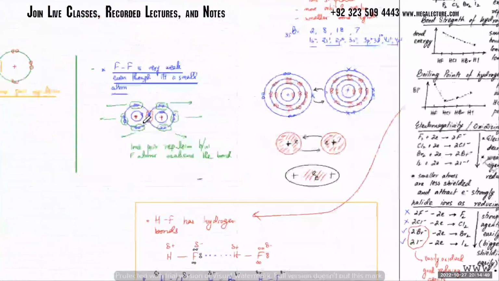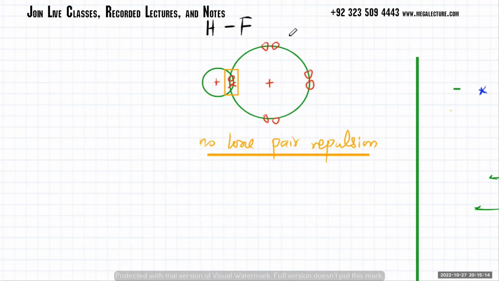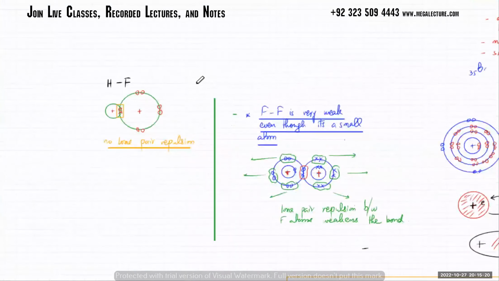The reason is, if you have, let's say, an HF molecule, then there is no lone pair repulsion because one of the atoms doesn't even have lone pairs. The fluorine atom has a lot of lone pairs, but the other atom doesn't. So there's no repulsion. This thing has no extra electrons, which is why that is not an issue over here. Is that clear?